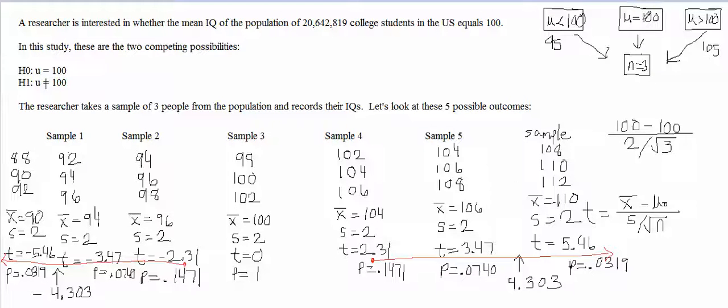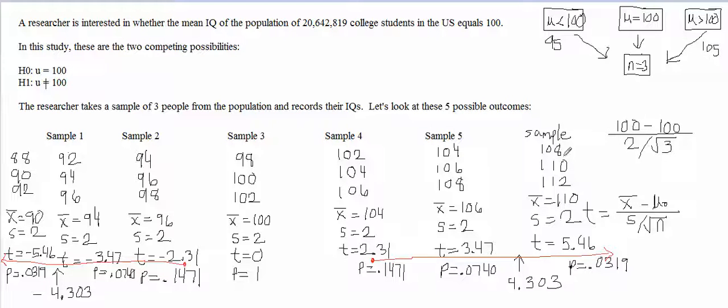We have a 0.1471 chance of getting a sample with a t-score in either of these two red areas.